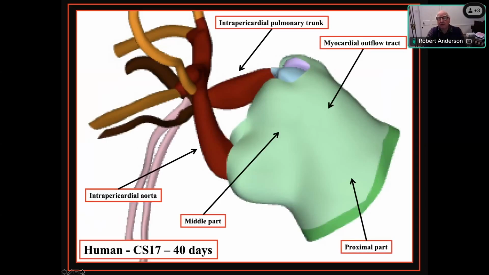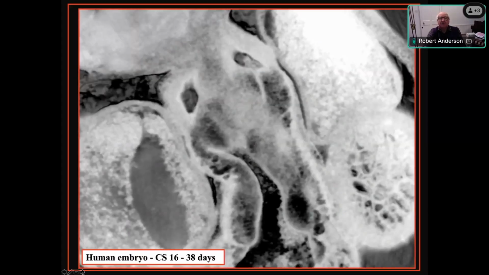But how do we know there is a middle part? We know that when we look inside it through a transverse short axis section. First, let's look at it in a frontal section. So this is the stage that's happened at the beginning of the 7th week of development.